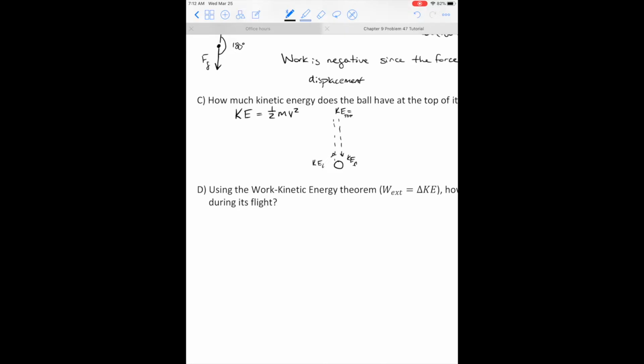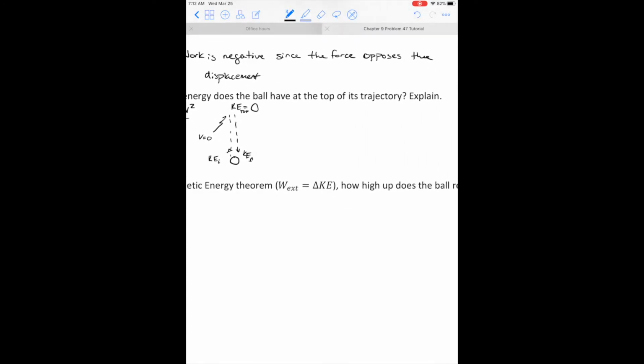What is that? Well, I can simply look at my expression for kinetic energy, 1/2 mv squared. I know the mass throughout this entire situation. What is the velocity right at the top? Well, the velocity right at the top is 0. So the kinetic energy at the top is a big old goose egg. It's 0 joules.